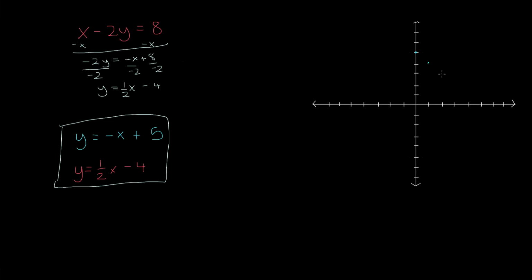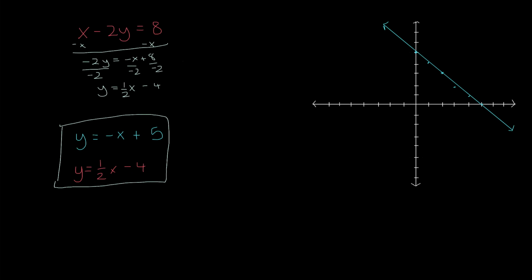Down 1 and to the right 1, and that's right there. We keep going until we have enough points to connect with a line. So let's connect these points with a line. And this is our graphed line.